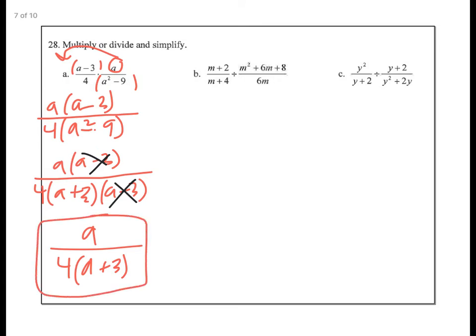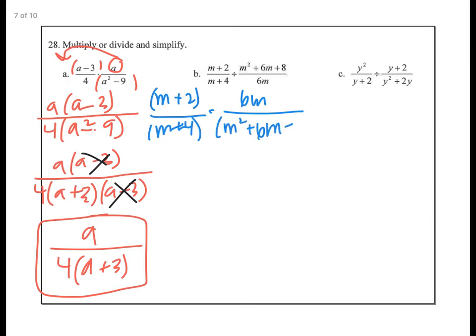Okay, second one, I have to remember to flip and multiply by the reciprocal. So it would become m plus 2 over m plus 4. The first one stays the same. The second one flips, so it becomes 6m over m squared plus 6m plus 8.